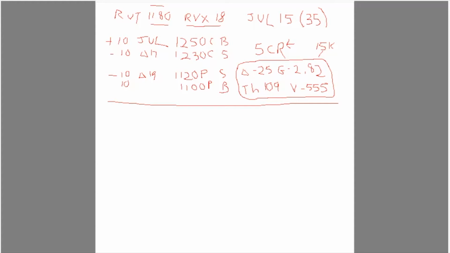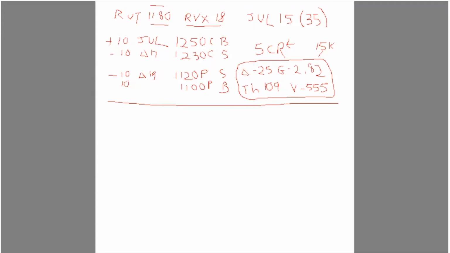Why do we make $555, or why do we bring in positive theta? Again, our 1230 calls are going to decay quicker than the 1250s. The 1120 puts will decay quicker than the 1100s, so we're generating some positive theta every day, and that number will grow.